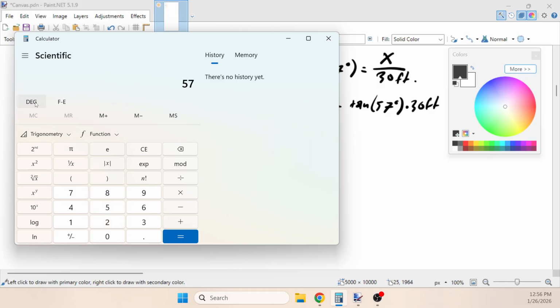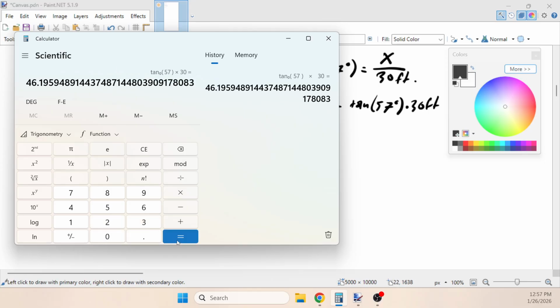And this should be degrees. I get 46 point something.